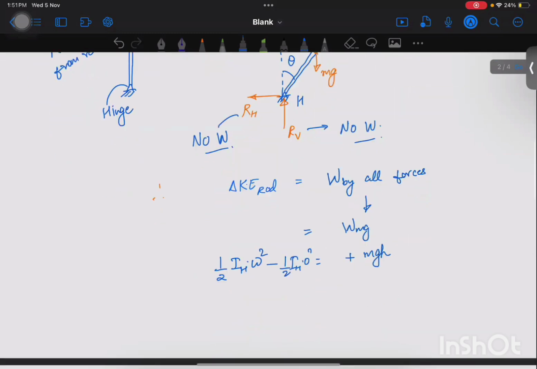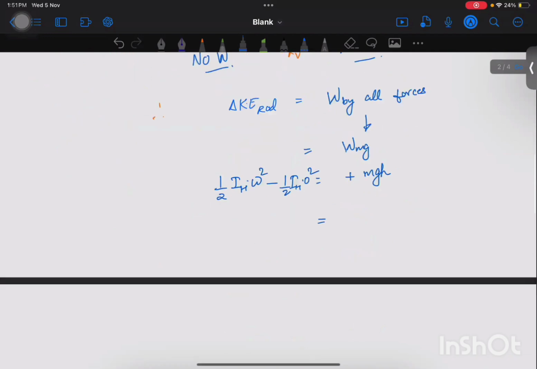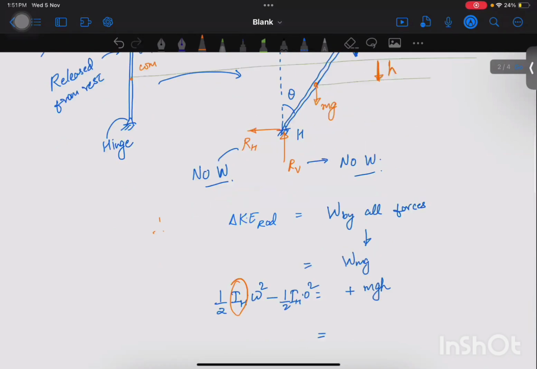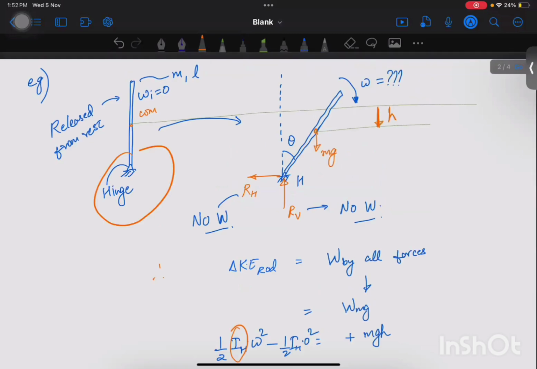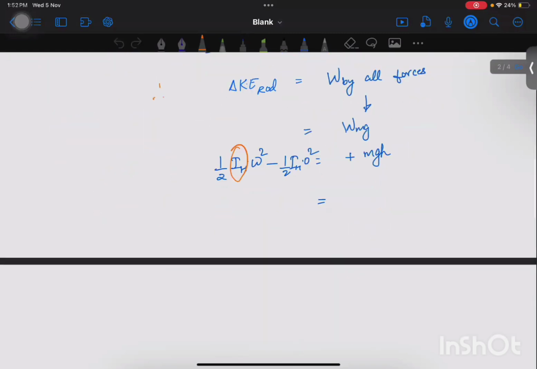So now you have to go back to theory. What is the moment of inertia of this rod about the hinge? Can we say it is 1 by 3 ml square? Yes, let's put that. Half, 1 by 3 ml square omega square is equal to mgh. That's all. M you can cancel. We also want to write this h in terms of L and theta.